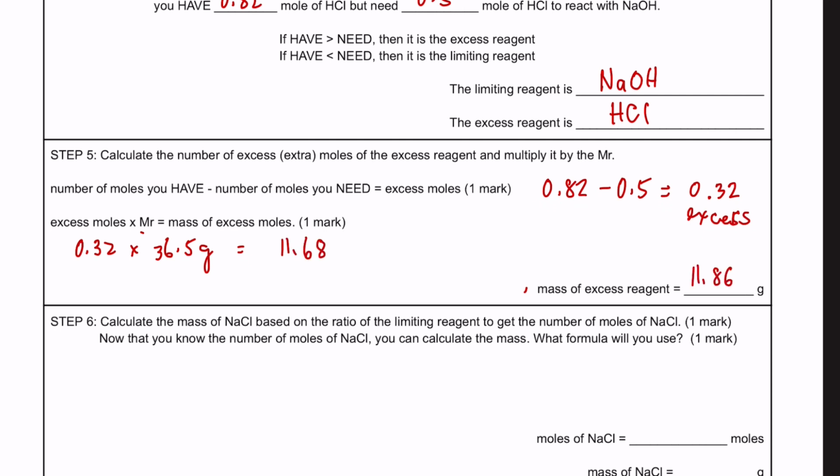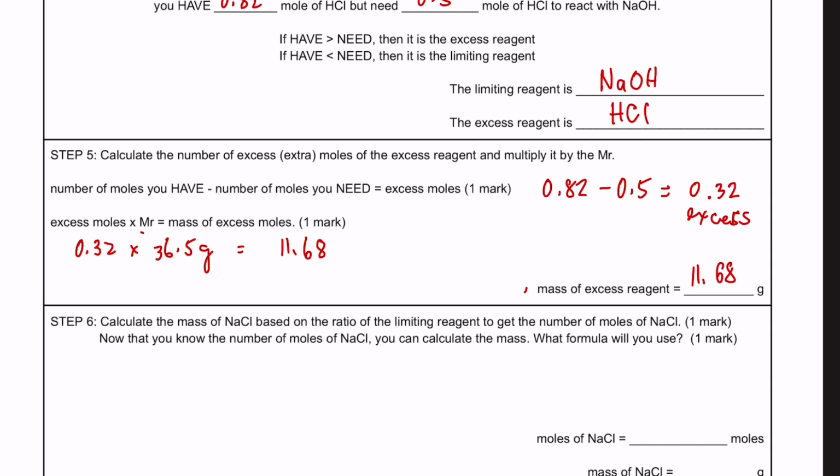Now, depending on how you rounded, some of you rounded to 0.3, some of you rounded to 3 dp. Okay, so let's make it a point. Let's just round it to 2 dp. So if you answered 11.68 or 11.753 or 11.8, that depends on how you rounded. If you round it to 2 dp, it should be 11.68.